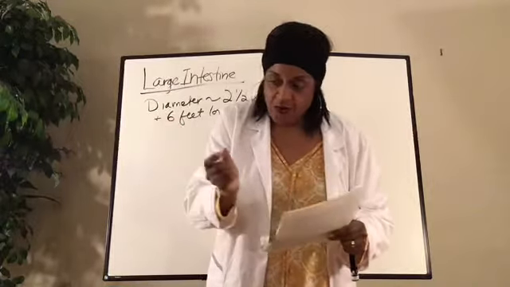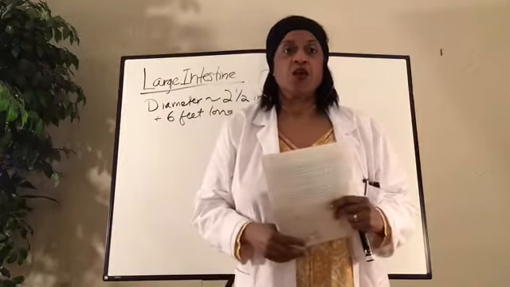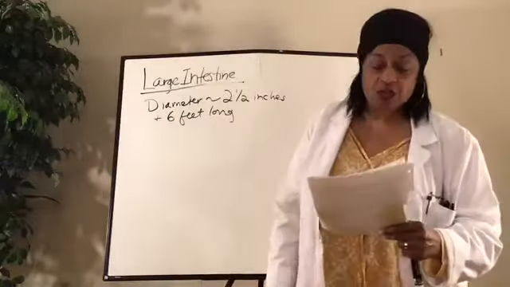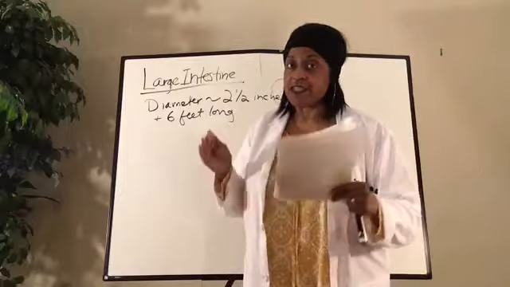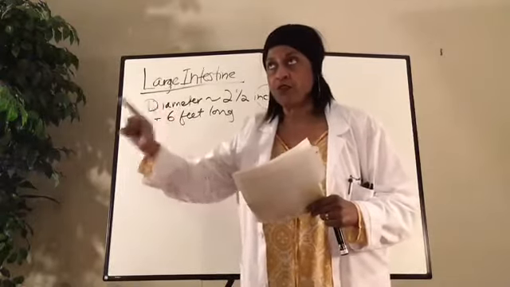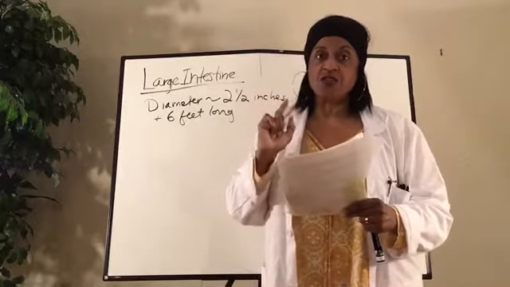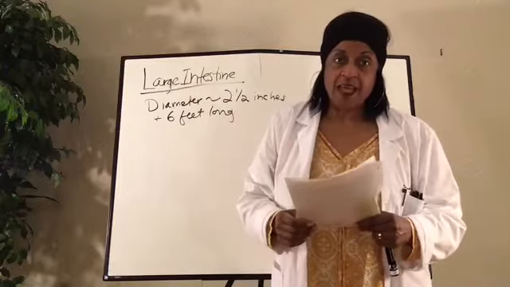So the large intestine gets narrower as it goes towards the anus. The large intestine is noticeably larger than the small intestine, but much shorter: 6 feet as compared to 20 feet. The diameter is much larger, 2.5 inches, but it decreases towards the anus, right?